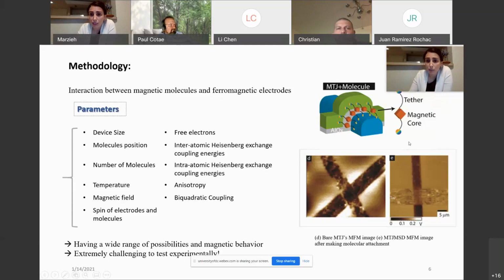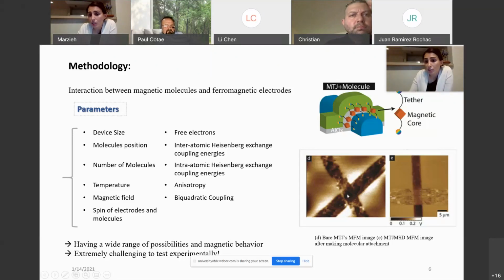But obviously, it is extremely challenging to investigate all these possible cases experimentally, because we would have a wide range of possibilities and magnetic behavior. In this figure, you see that we have 2 electrodes in a magnetic tunnel junction material and device, and the first panel is a bare device which hasn't been treated by the molecules yet.